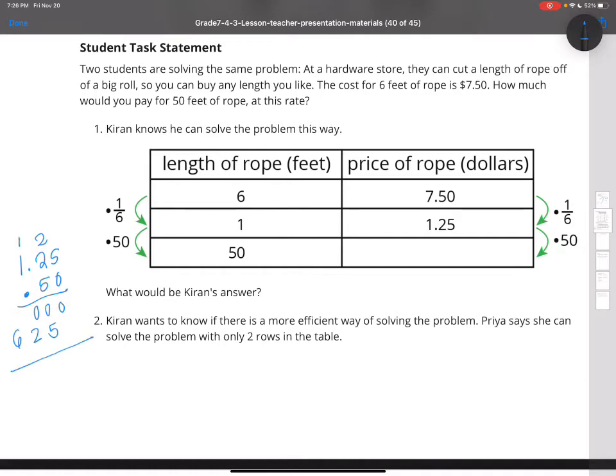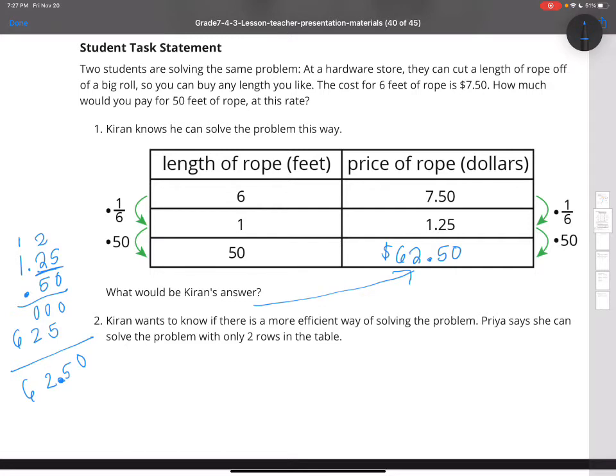And when I add that together, all right, and then there's 2 numbers behind that decimal, so it has to have 2 numbers in our answer, okay? So when I multiplied that, I got $62.50. Okay? So that would be Kyron's answer.